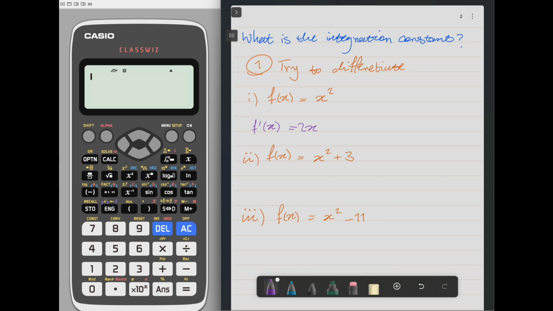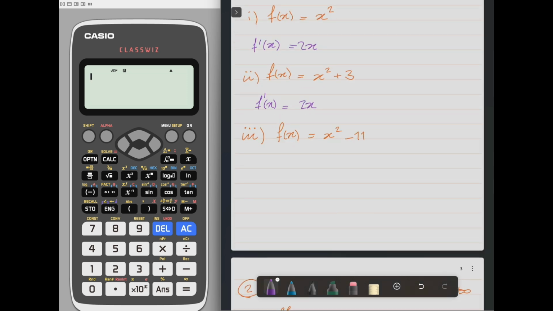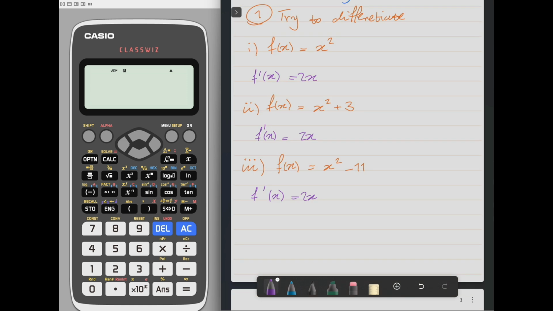Double I, f dash x here is going to be the differentiation of x squared plus 3, which is going to be 2x. And the differentiation of the third is going to be 2x as well. So the differentiation of all these three is going to be 2x.